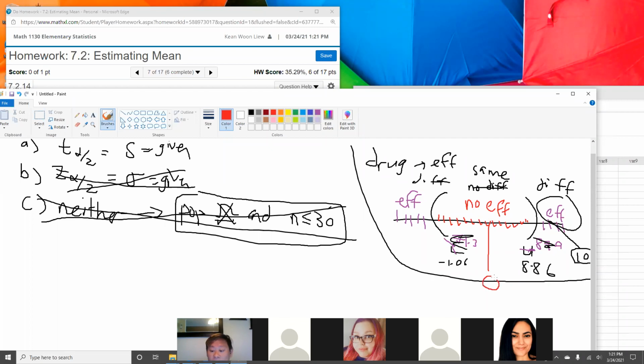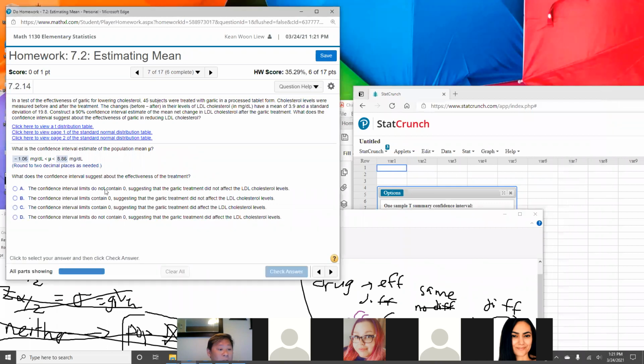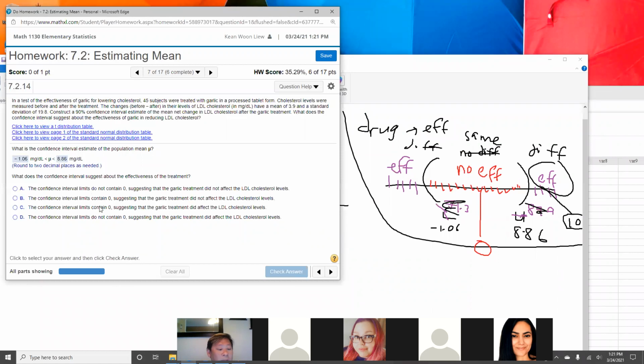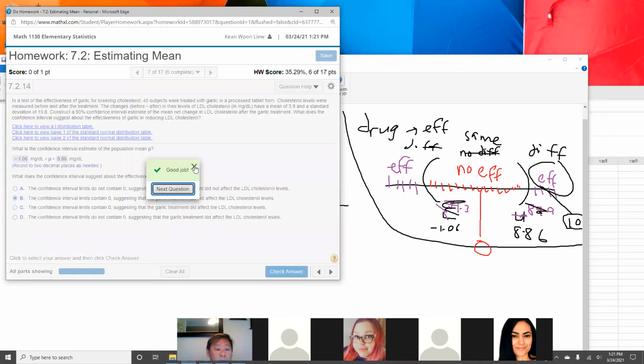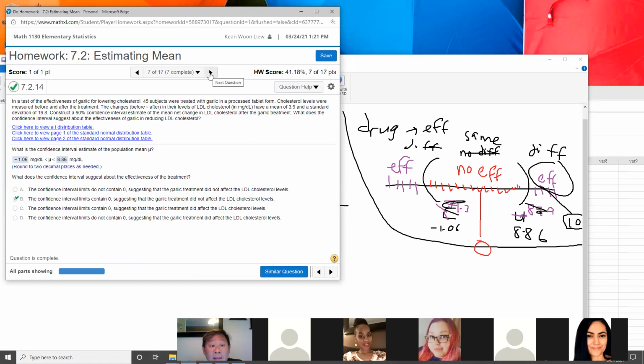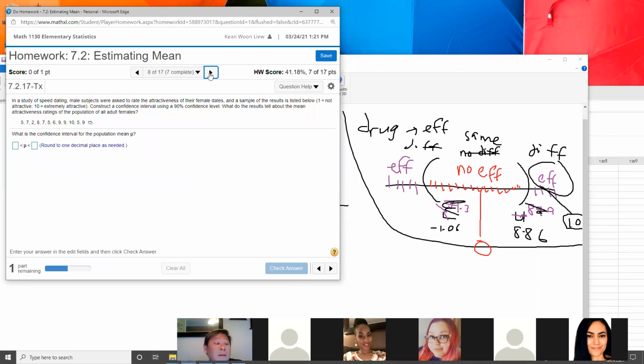Since the confidence interval contains 0, is that effect or no effect? No effect. So your answer will be B. It contains 0 and it has no effect here. You guys all right? So make sure you're answering the numbers correctly.